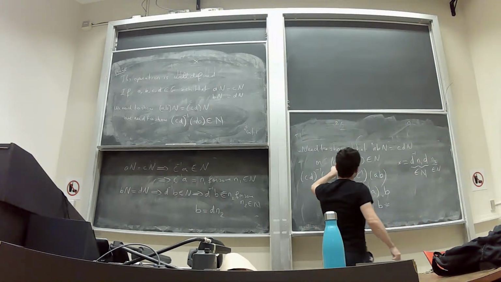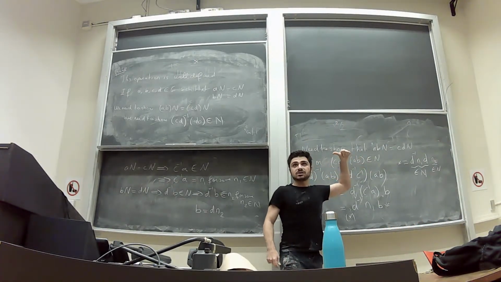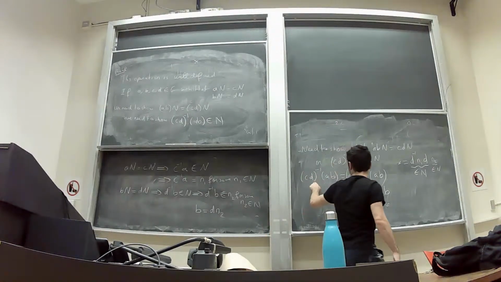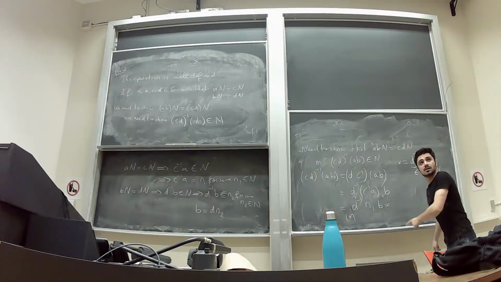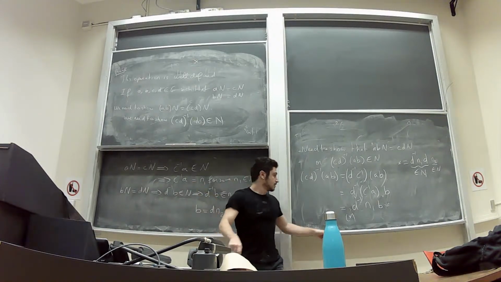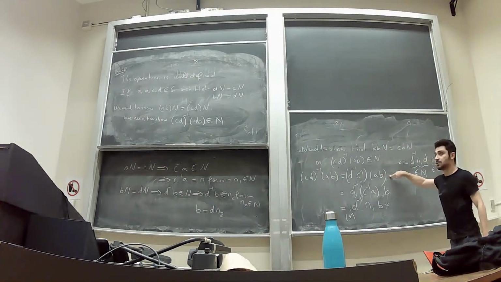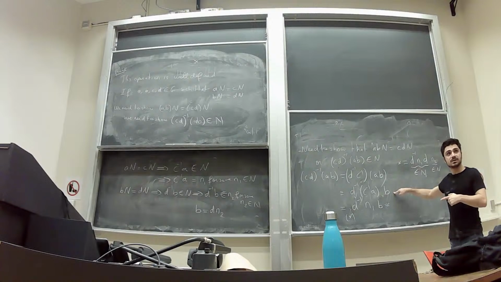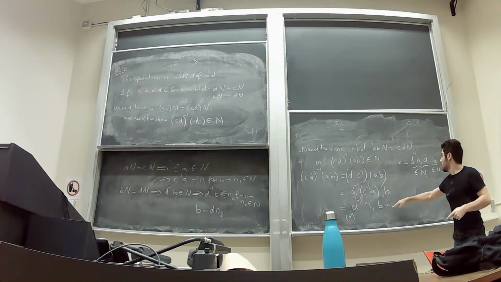So what I need is that CD inverse AB belongs to N. Agree. Now I expand that product by using the facts I've written here. Is here good? I just replaced it. Is here good?